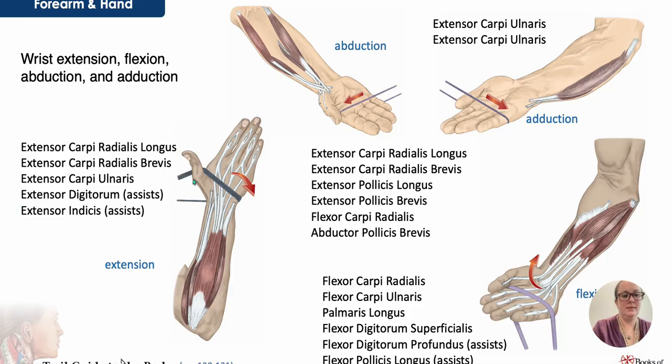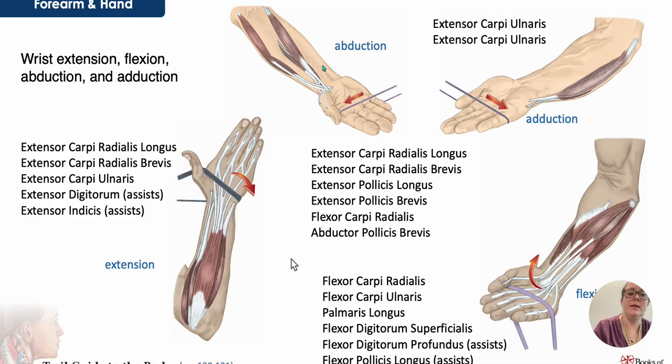All right. Okay, so your abduction. I'm trying to figure out where I put these. So these are your abductors here, and these are your adductors. Your abductors, which is right below that, there's a lot. A lot of your extensors will do multiple things.